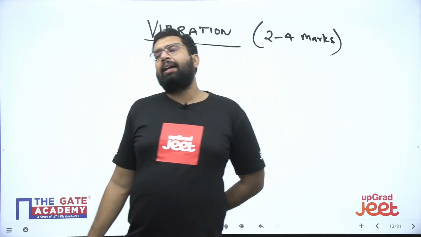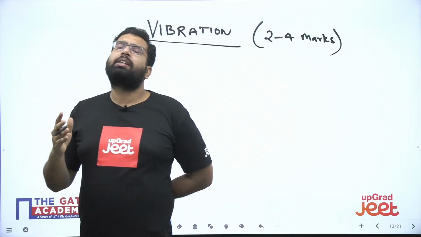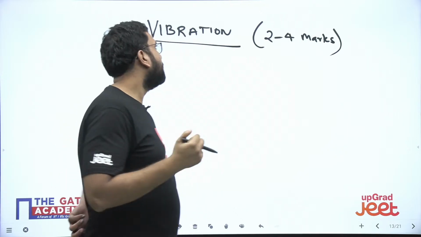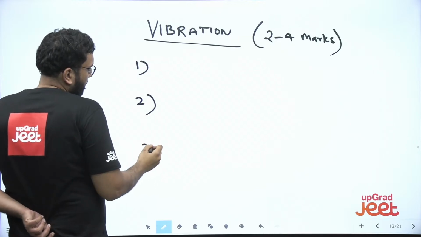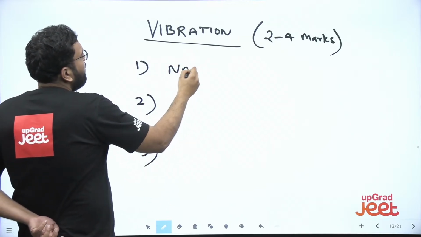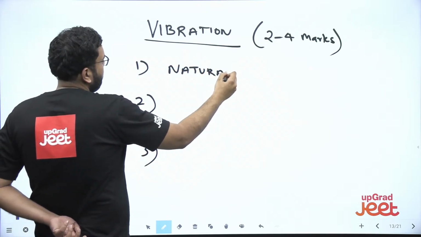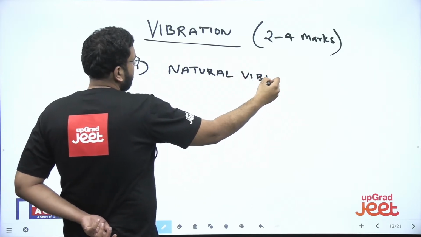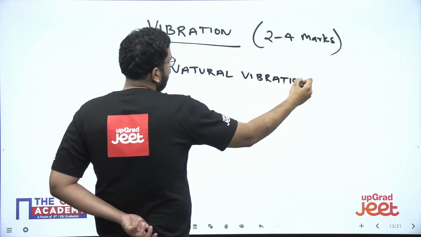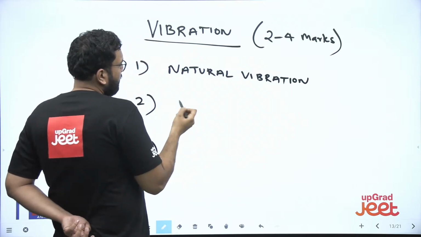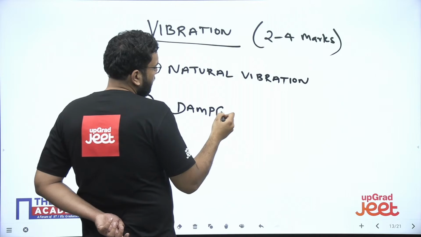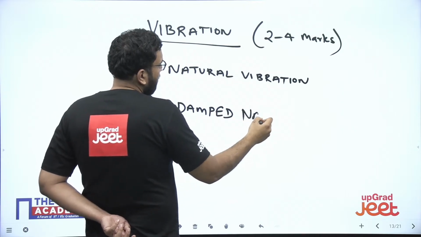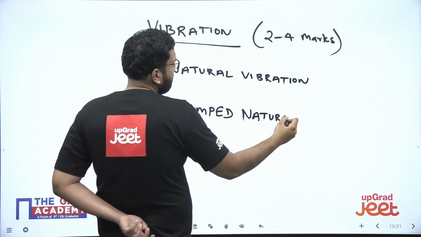And like every year there is a question on vibration. This particular topic is divided into three parts. One is the natural vibration. The second one is damped natural vibration.